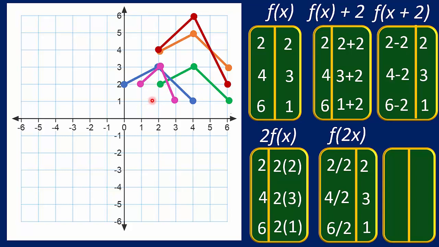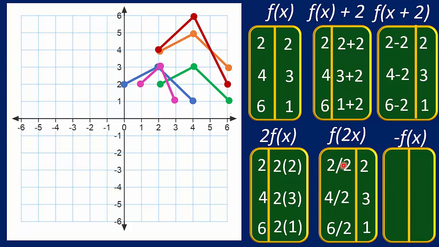There are 2 little segments here between the start and the finish of the graph horizontally. Over here for the green one, there's 1, 2, 3, 4. So it looks like what's happening is this function does what it needs to do twice as fast. Instead of starting here at 2 and ending at 6, it starts at 1 and ends at 3. So it compresses the graph. It's a compression. And we do the opposite to the x's of what it says in here. It says 2x. We compensate by dividing by 2.